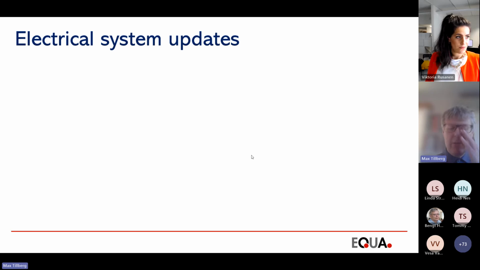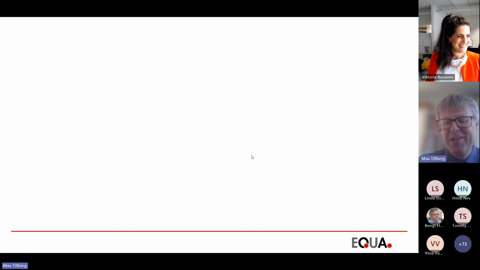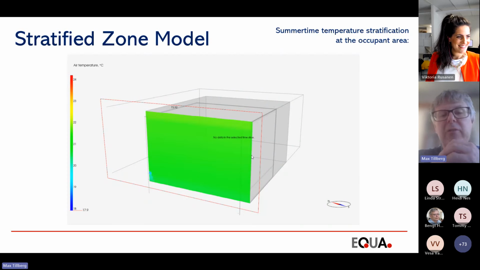So that was a very short description, showing a few examples of the new zone models. There is a lot of other things, but the most important thing that I would say is the stratification that we've shown you, and also that we can calculate the radiation exchange and operative temperature for irregularly shaped zones.